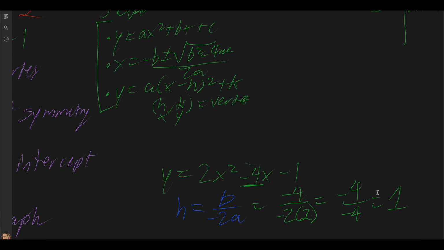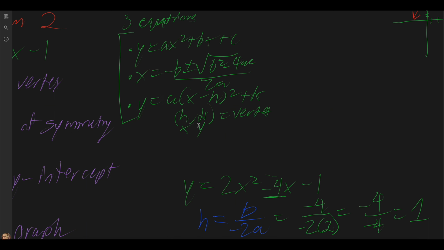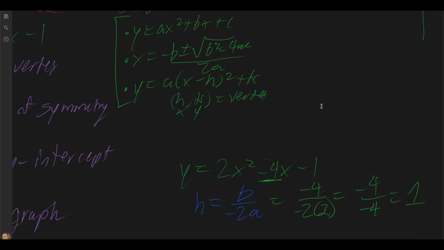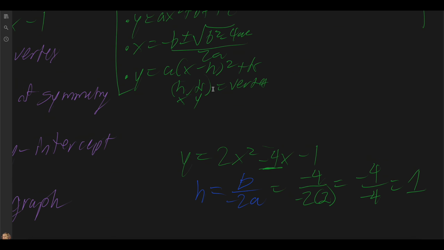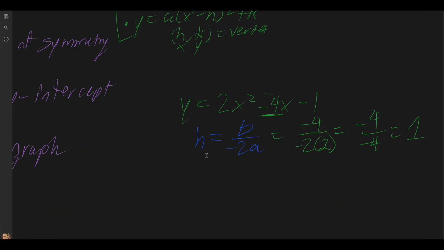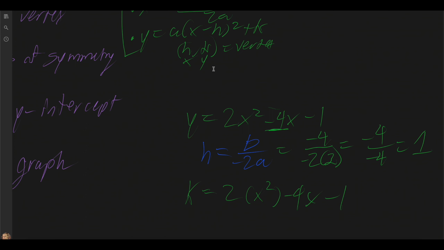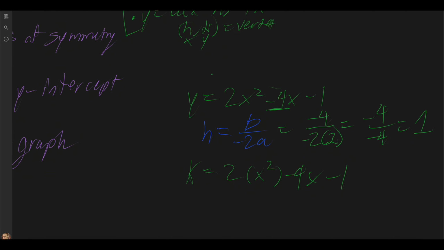Now since we already figured out what h is, we need to figure out what k is. We can plug in k for y, because this trick focuses on figuring out the y-value of the vertex. So we have k equals 2x squared minus 4x minus 1. Since we can plug in both of these points together, not only are we going to plug in k, but we're also going to plug in h.